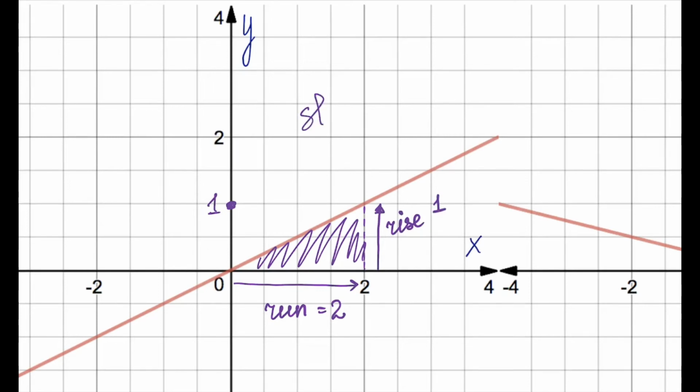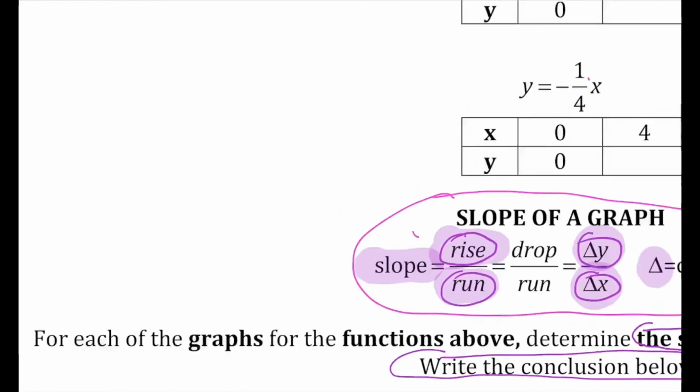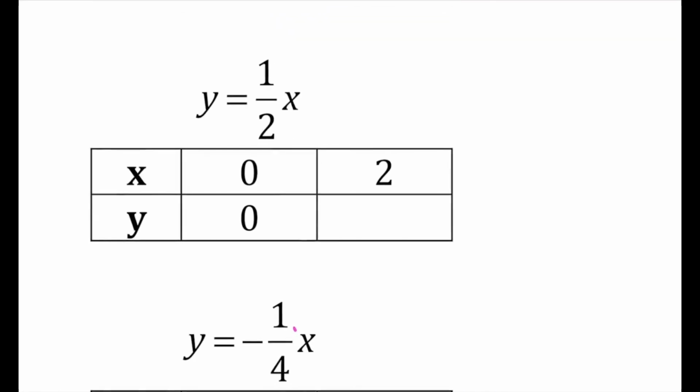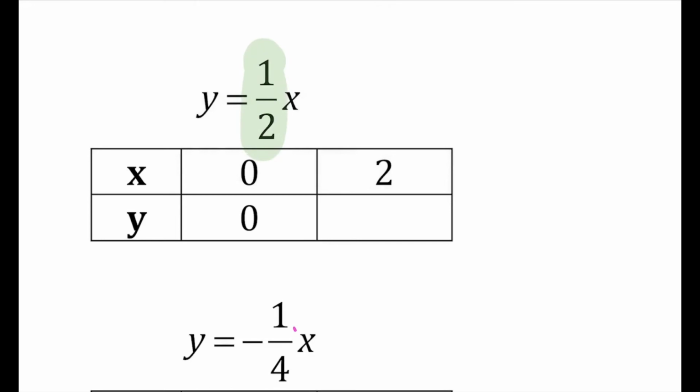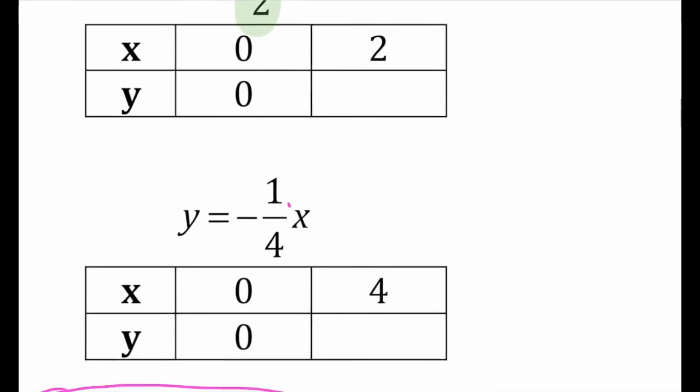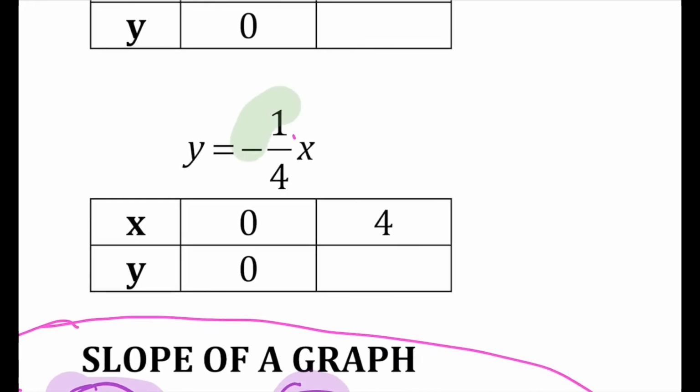And then my slope for this graph is going to be rise over run. And it will equal, the rise is 1, the run is 2, equals a half. And what do you know? Go back to the equation. Wow. Boom, 1/2. Boom. 1/2. And then -1/4 was our last equation on the first worksheet.